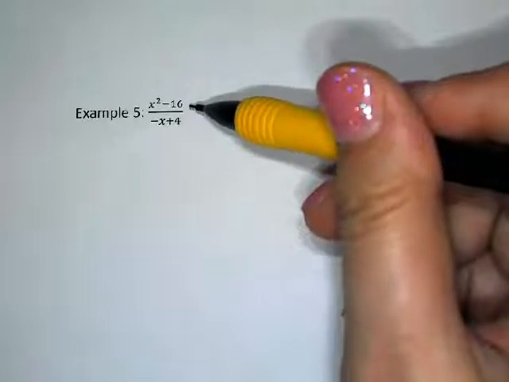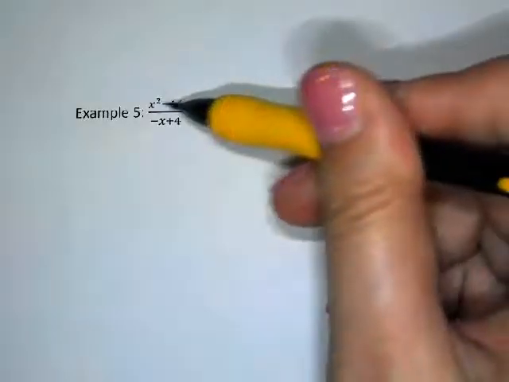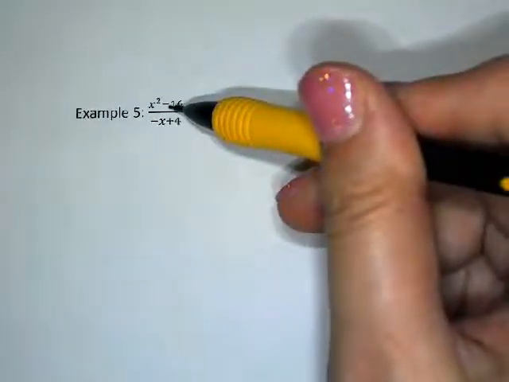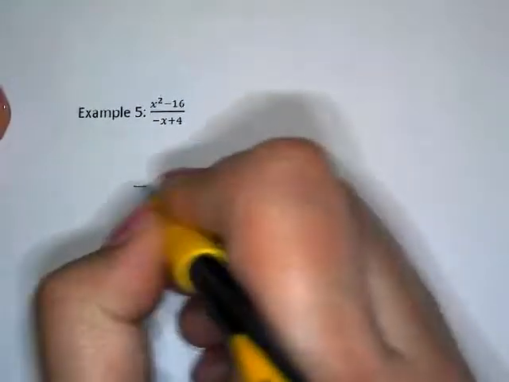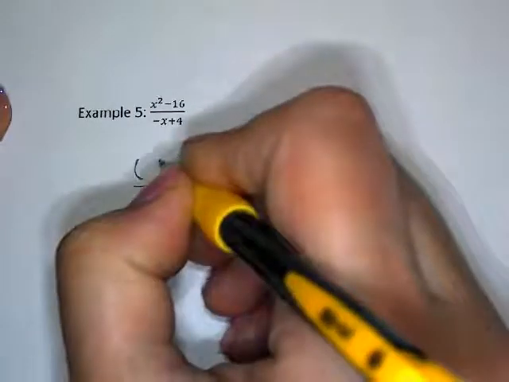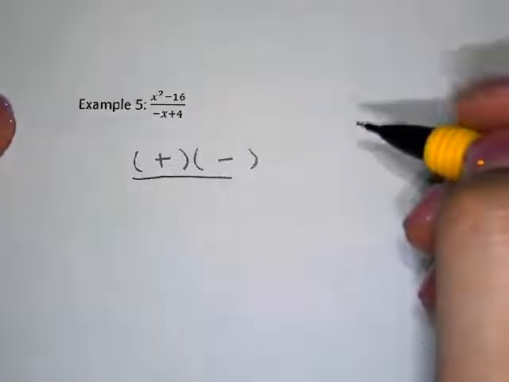Okay, so third step is where we start to factor it. And factoring the top is okay. The top has 2 terms. It is not a GCF this time. This time it's difference of squares. So if you guys remember, difference of squares is 2 sets of parentheses, one with a plus, one with a minus. So what should the top be?